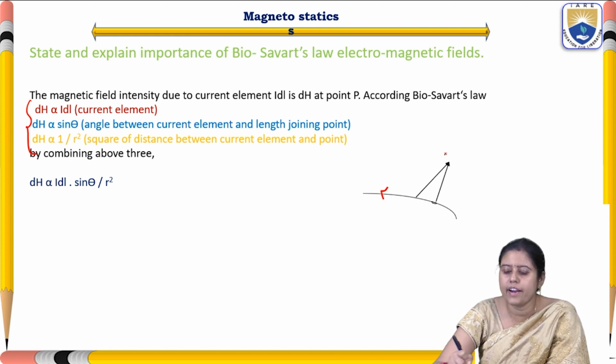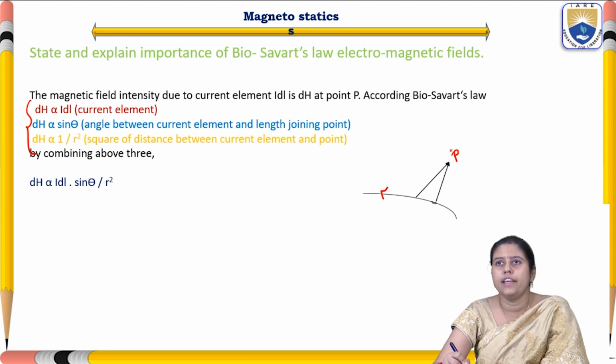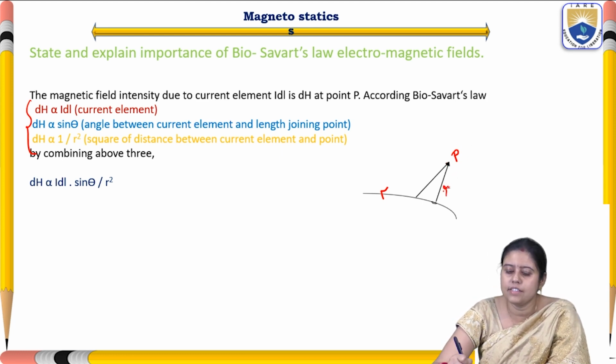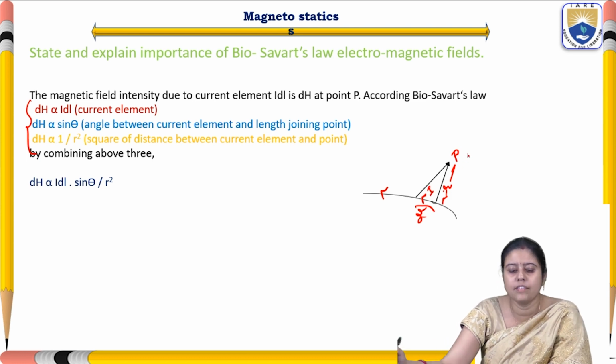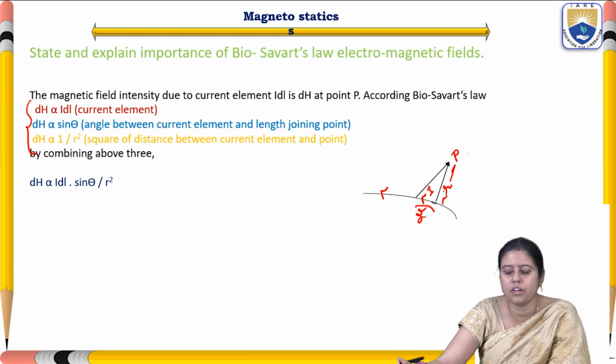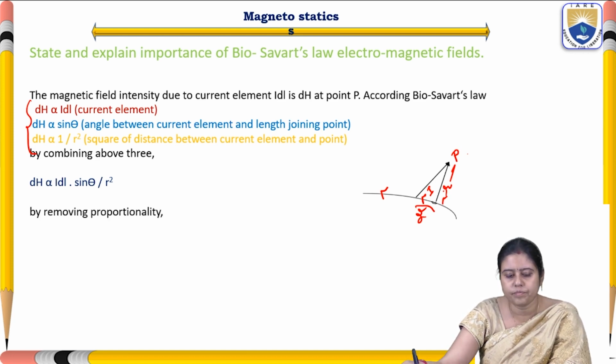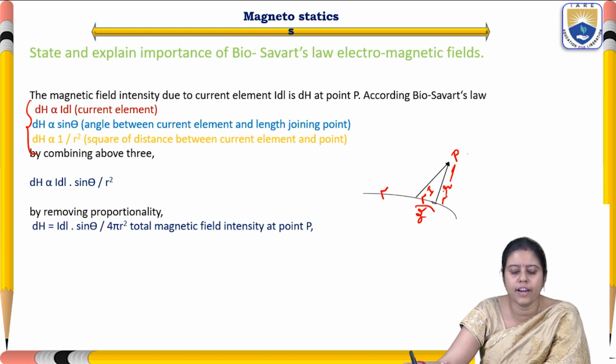If this is a current carrying conductor, we are calculating the dH at a point P, and this distance is r. The current flowing through this small dl is I. Then dH at P is directly proportional to I dl sin theta by r squared. If we remove the proportionality constant, we get dH equals I dl sin theta by 4 pi r square.